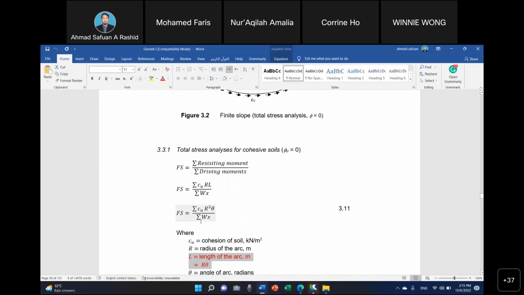So that is the total stress analysis for cohesive soil. It cannot cater for the unit weight of the soil separately, because it uses the total stress analysis. So that is section 3.3.1.